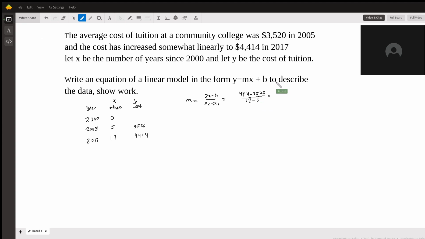Okay, so we get on our calculators here. 4414 minus 3520 is 894. And 17 minus 5 is 12. So once again, onto the calculator, divide by 12. And we're going to get 74.5.